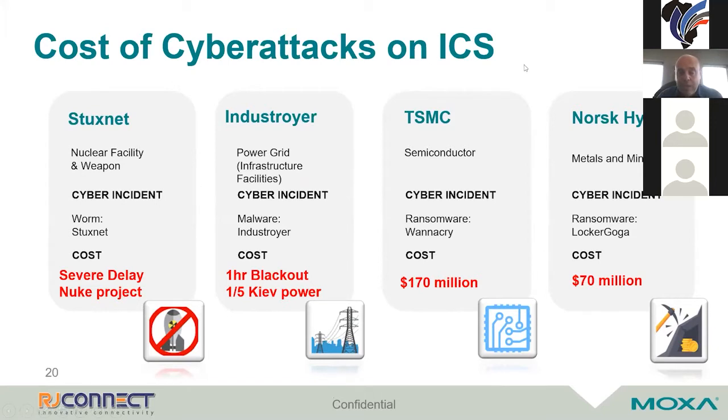But today, thank you very much to TSMC, they actually allowed us and they documented their attack. And they've given us the opportunity to discuss it worldwide, as to what happened to them. It cost them $160 million US. It's a semiconductor company that was hit with ransomware called WannaCry. So let's look at what happened over here.